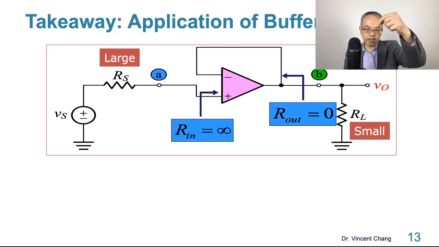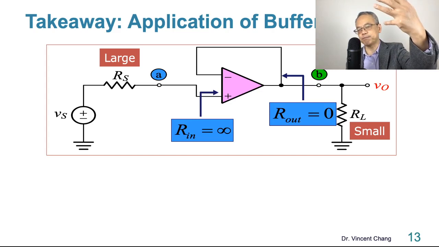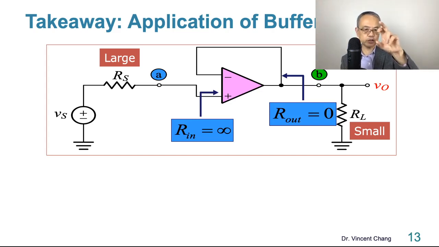And then, because of the virtual short circuit between the two input terminals of the op-amp, the voltage of the inverting terminal will be copied, transmitted directly to the output.